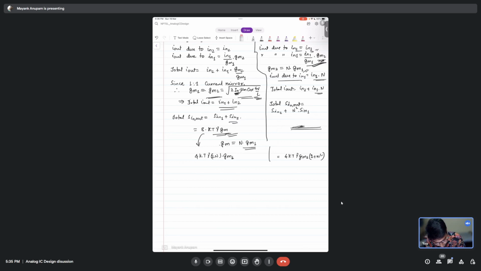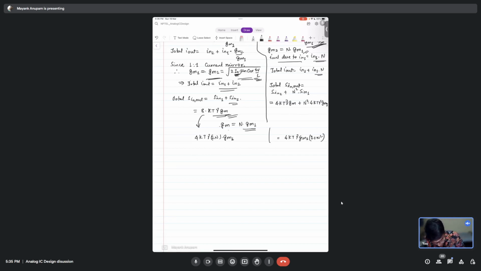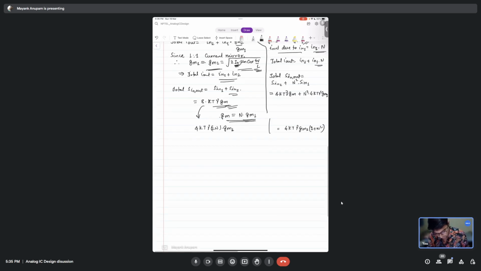And what will it be? SIN2 is 4kT gamma gm, plus n square times 4kT gamma gm1. And gm and gm1 have the following relation: gm is n times gm1. So we have 4kT gamma gm plus n square times 4kT gamma, and gm1 is actually equal to gm by n.